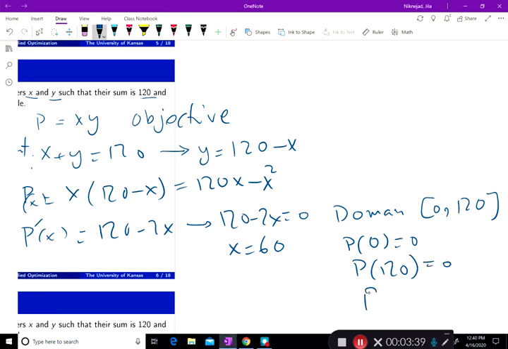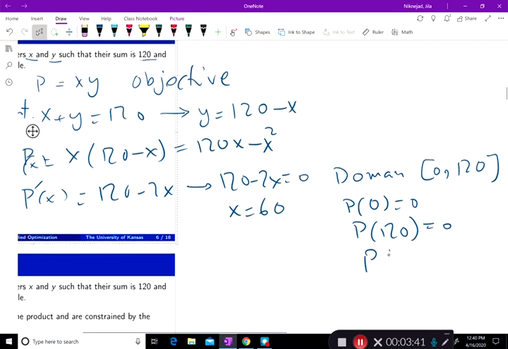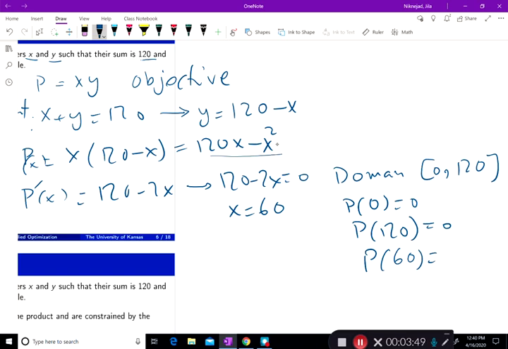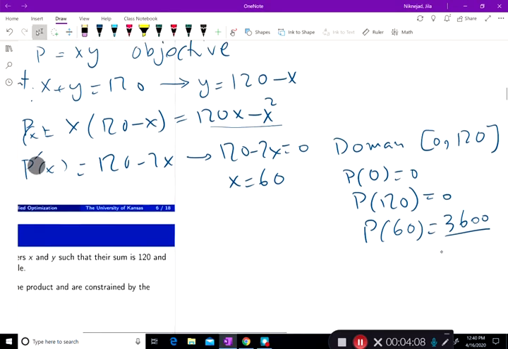P at 60, which is going to be, if I plug in 60 into here, basically 60 times 60, which is 3,600, and this is the maximum product that I can get. That's a max value.